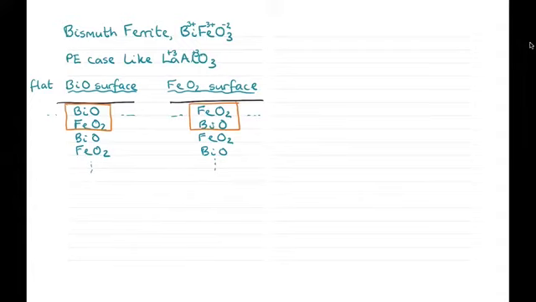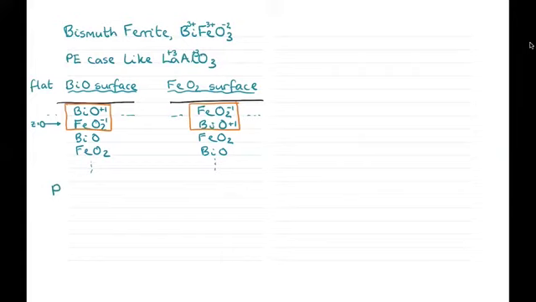The charges on the layers are charge -1 on the FeO2 layer and charge +1 on the bismuth oxygen layer. And let's put, again, Z equal to 0 at the level of the lower layer in the unit cell.